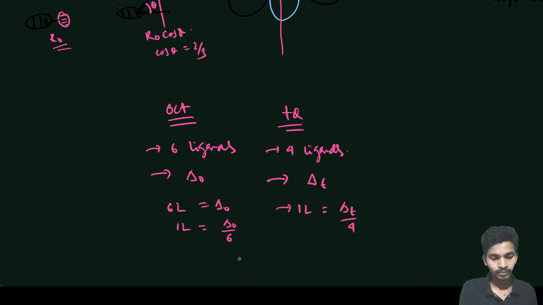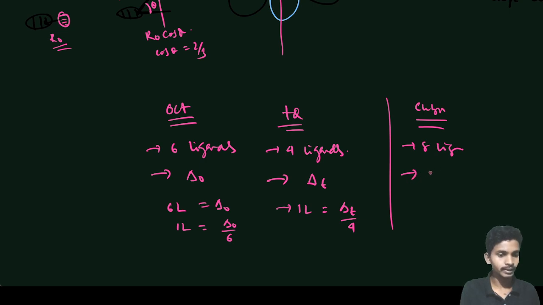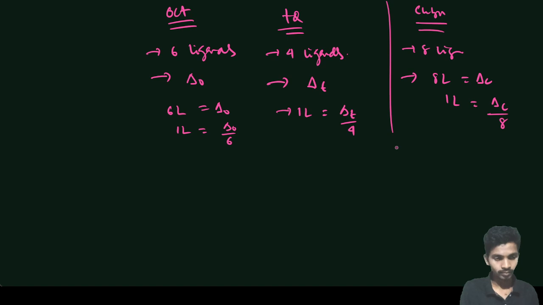Okay, so now if I want the relationship between this and this, how can I do it? Here for cubic we have 8 ligands, and for 8 ligands we have delta C, so for 1 ligand we have delta C upon 8. 8 ligands have delta C, and we know that Rc is equal to 2 upon 3 R naught.